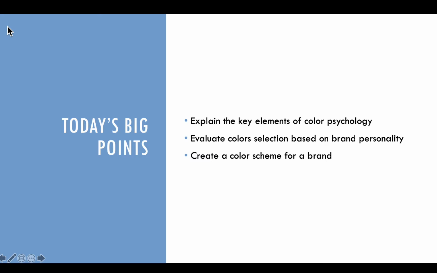I also want you to evaluate the color selection that your client has chosen on your brand evaluation and brand personality exercise that you're working through. Then finally, I want you to make a recommendation, whether it's to keep the one that your client currently has or change the recommendation for a color scheme based on what you've learned today.